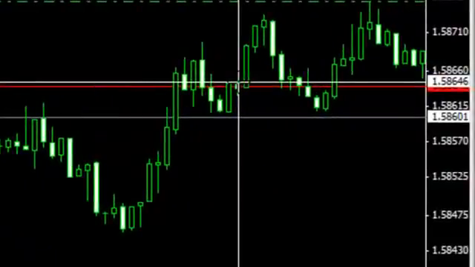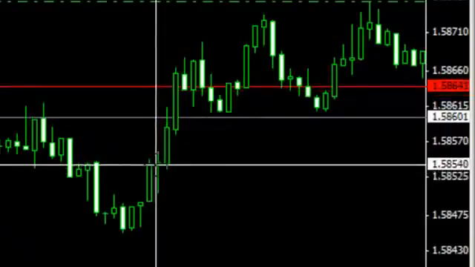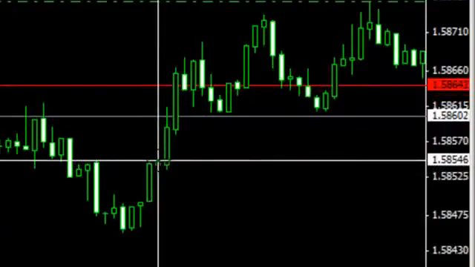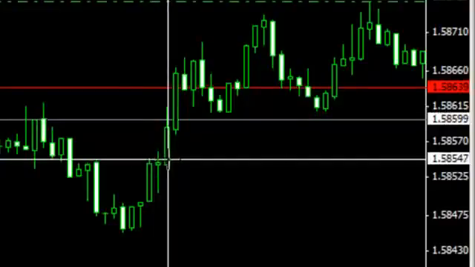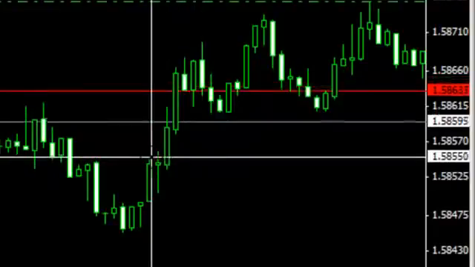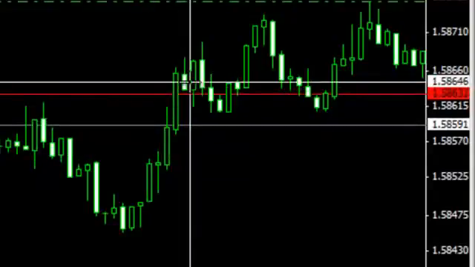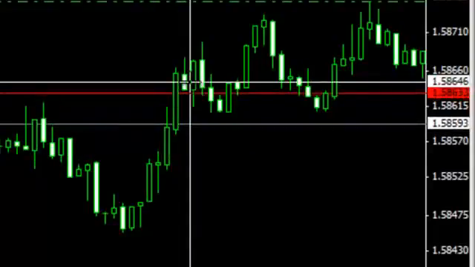So 58.64. Even at the latest time that we would have entered, we'll call it 58.54 would have been our entry, giving us a nice 10 pip winner on this call option.